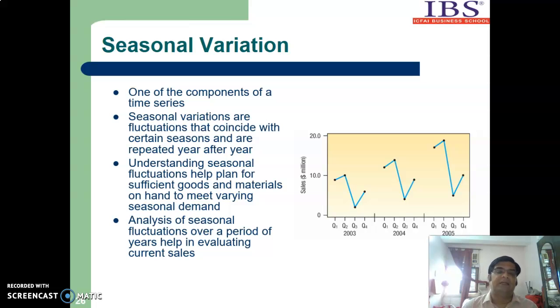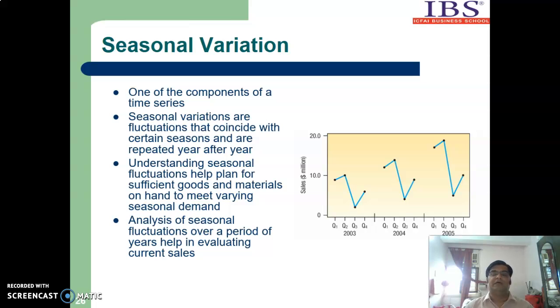Now, seasonality affects the smoothness of the data. So there are ups and downs, there are peaks in the data. Seasonal variations are fluctuations that coincide with certain seasons and are repeated year after year.